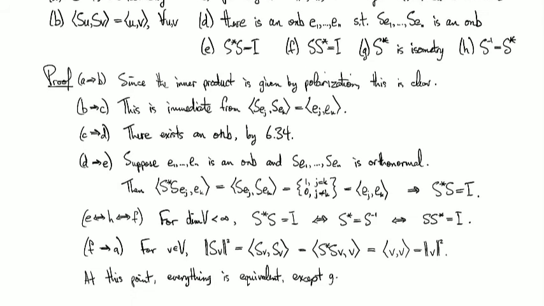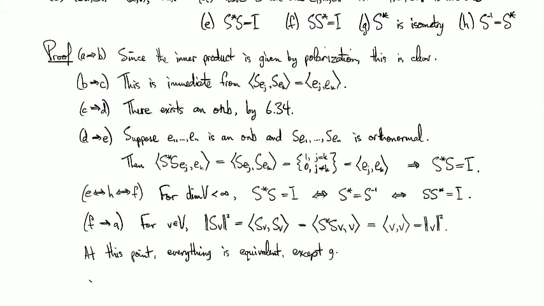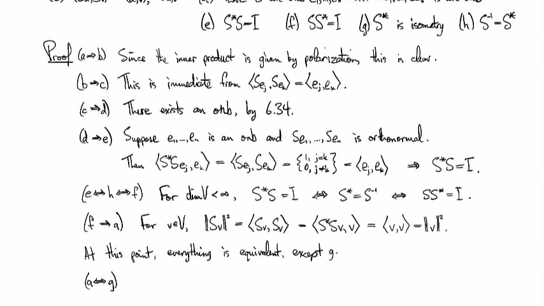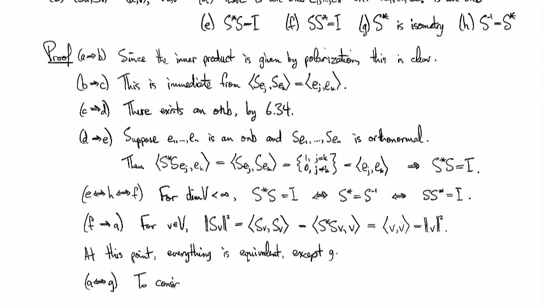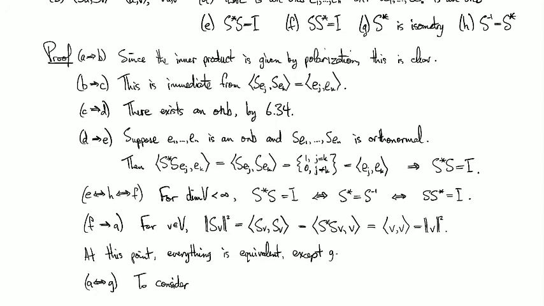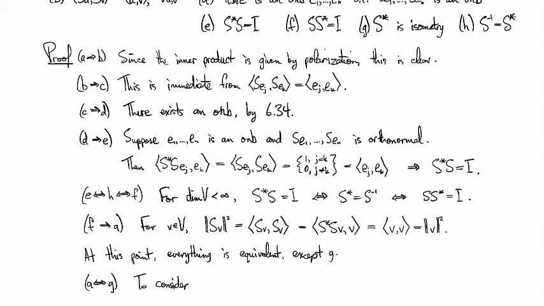except G. What I'm going to do now is just show that G is equivalent to A. We need to look at the isometry property of S inverse.